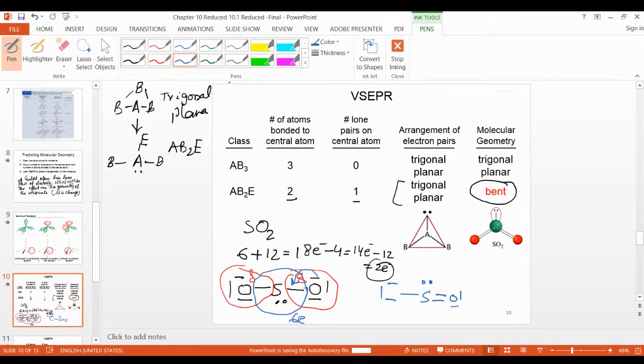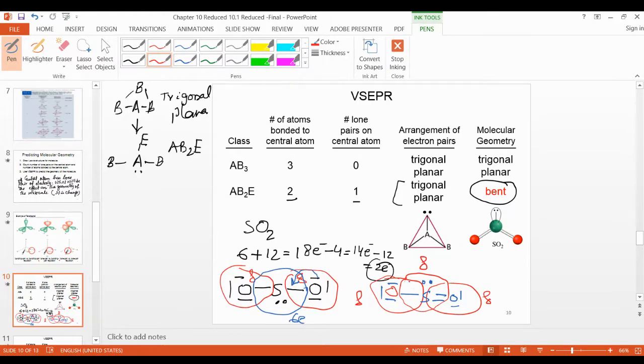So now the octet of all is complete. Now this is a stable structure, so the final structure we will get like this.